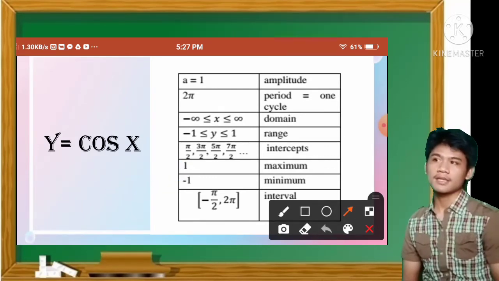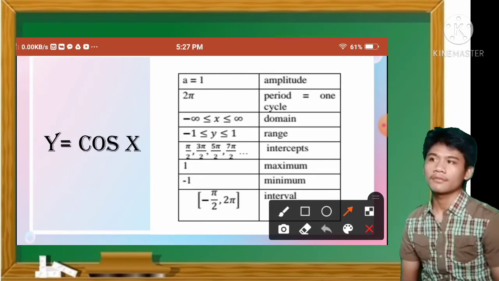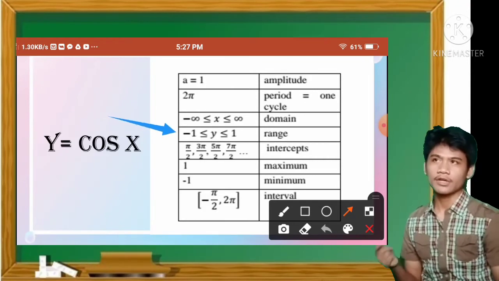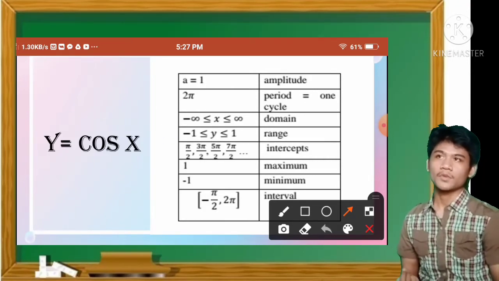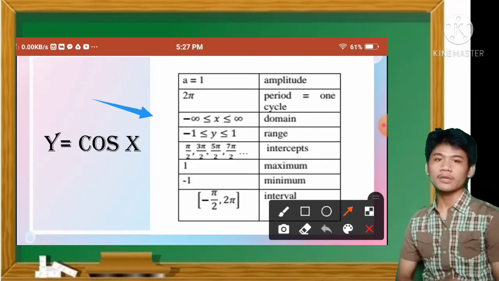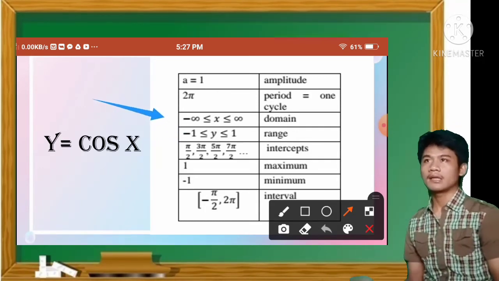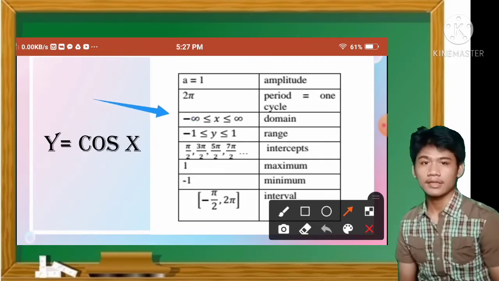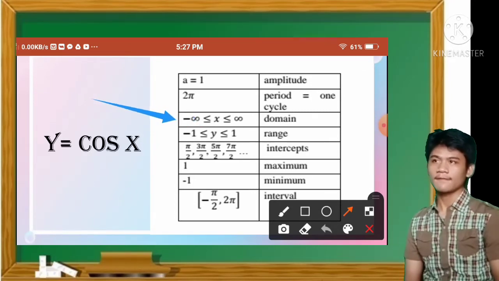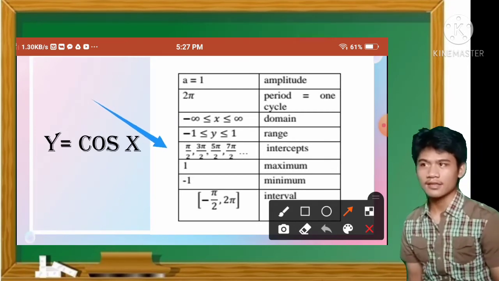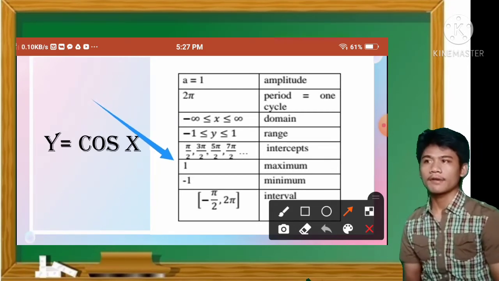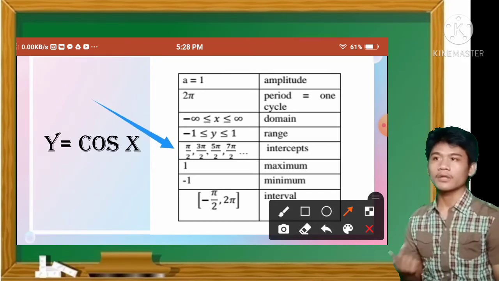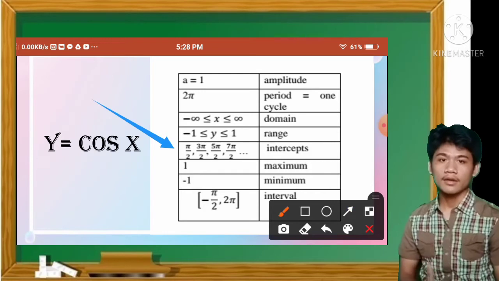The range is -1 less than or equal to y, and y is less than or equal to +1, and the domain is negative infinity less than or equal to x, and x is less than or equal to positive infinity. Next are the intercepts: pi over 2, 3 pi over 2, 5 pi over 2, 7 pi over 2, and so on, for the number of the pi.